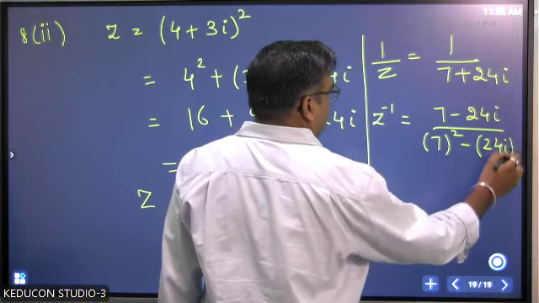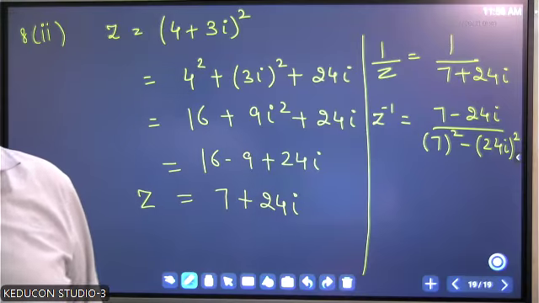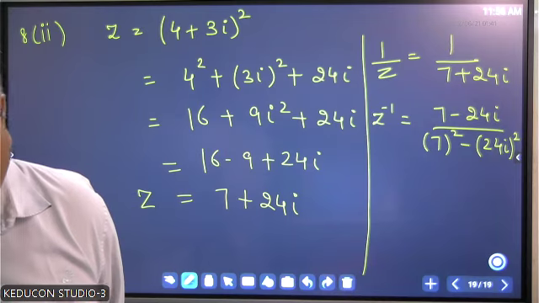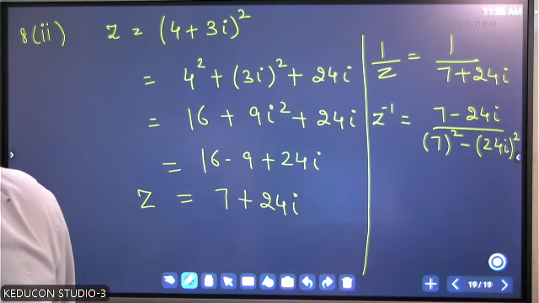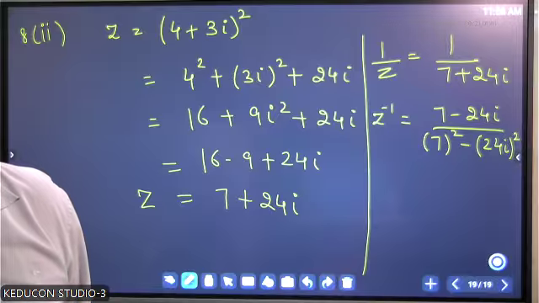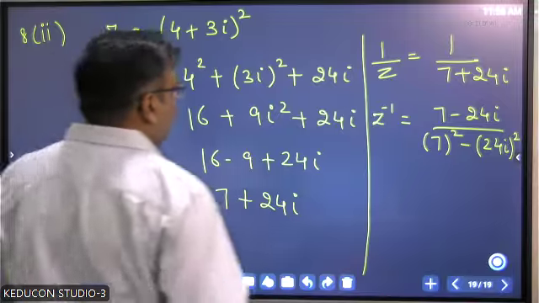Have you understood this step, students? You have multiplied numerator and denominator by 7 minus 24 iota. In the numerator you have 7 minus 24 iota. In the denominator you can apply the identity a plus b, a minus b. So what did you get here?